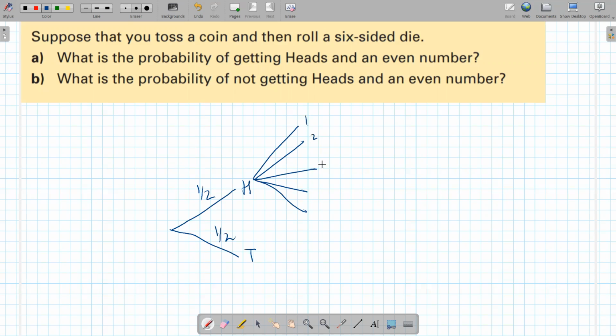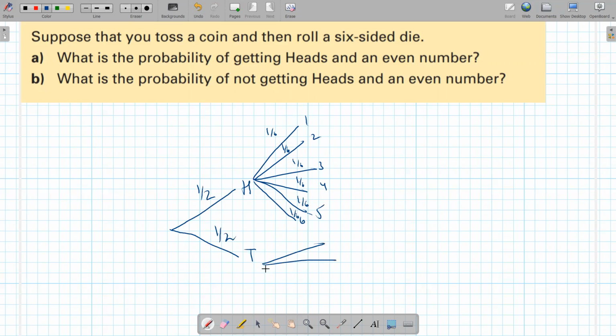So you have 1, 2, 3, 4, 5. You can also get a 6. So what are the probabilities of all of these? 1/6. Yeah. And exactly the same thing in the bottom as well.